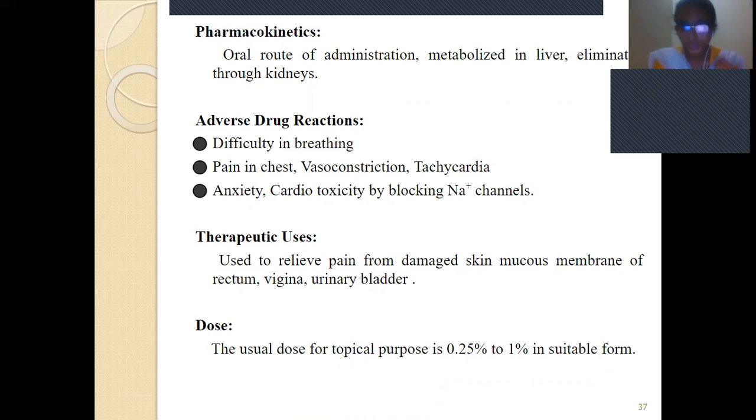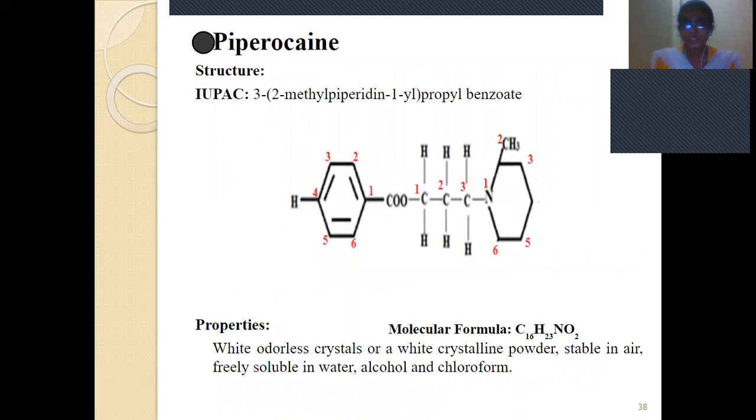So it also affects the heart. And uses: it is used to relieve pain from damaged skin and the mucous membrane of the rectum, vagina, and the urinary bladder. So the next one is piperocaine. This is the structure. And the IUPAC name is 3-(2-methylpiperidin-1-yl)propyl benzoate.